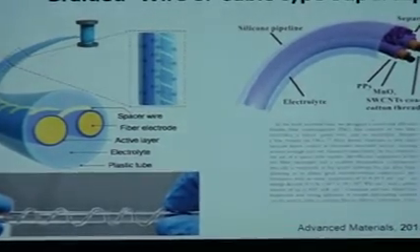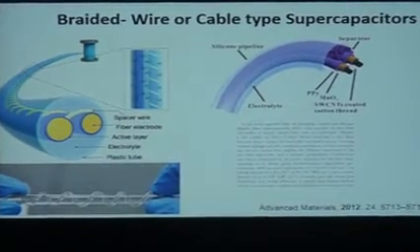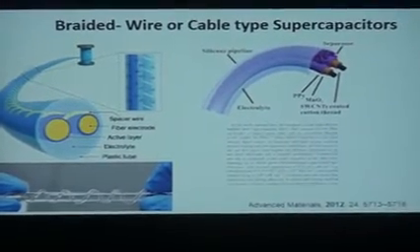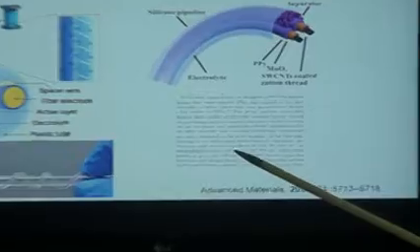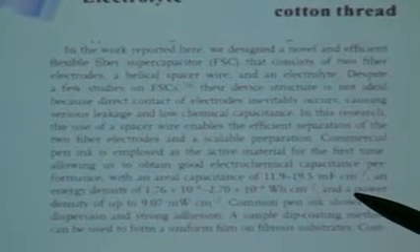Very interesting, right? And again, I'm not showing the performance data, but here if it is visible, you can see the capacitance obtained for such devices is around 11 to 19 millifarad per centimeter square, which is not a big number, by the way.